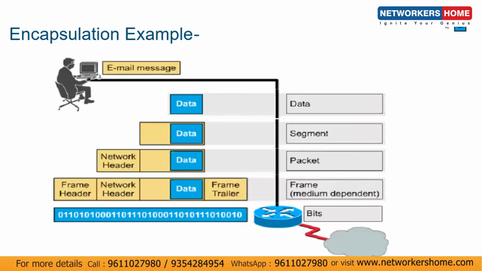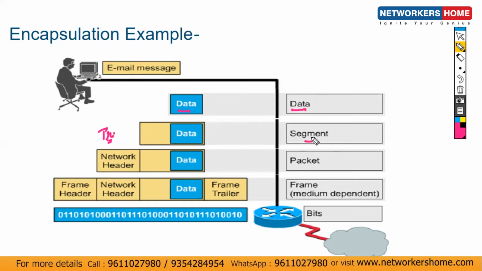For example, one user wants to send an email. This user first writes the email, whatever the data is. Let's consider this as the data of the email. This is the application layer. Now we are on the transport layer. On the transport layer, the data will be converted into a segment. This is segment 1.